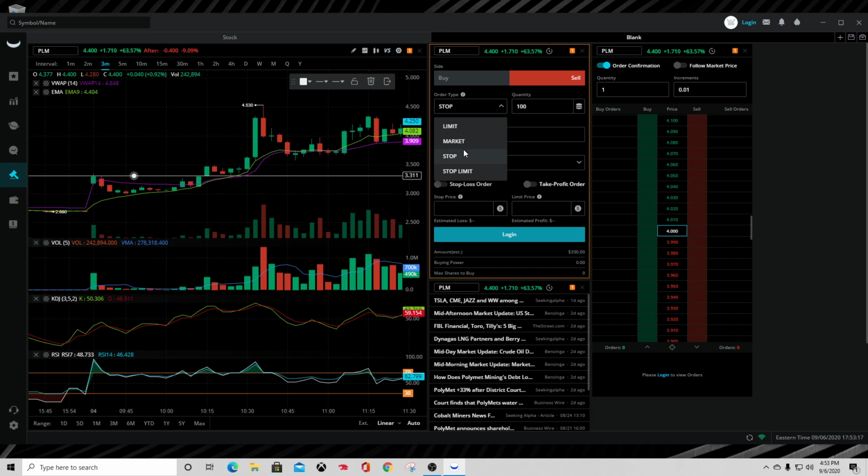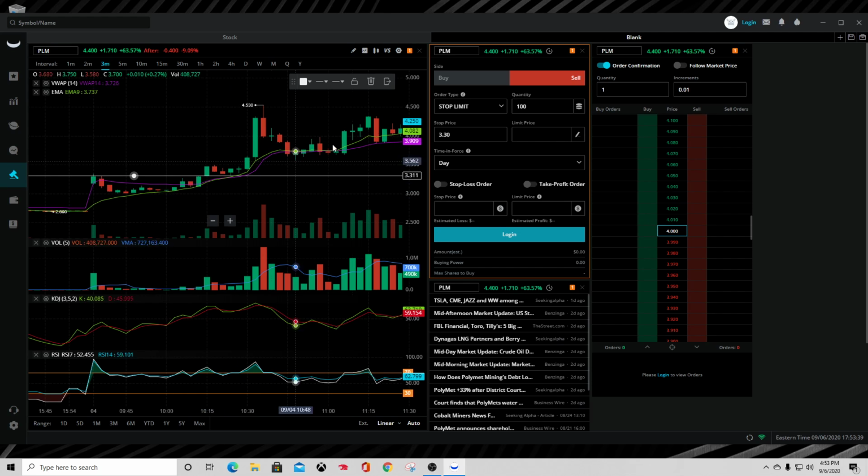So this is pretty much guaranteed. Now let's go to the next one, which is a stop limit. A lot of people use a stop limit. I prefer the regular stop, the stop loss, not the stop limit. Why? Let's get into that. Now we have our stop price at 330.